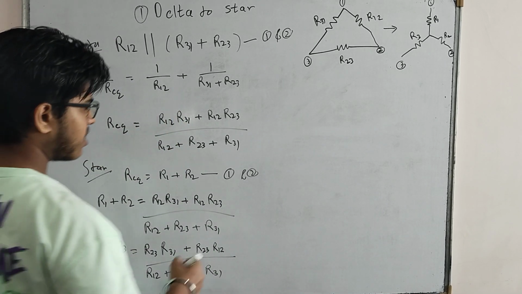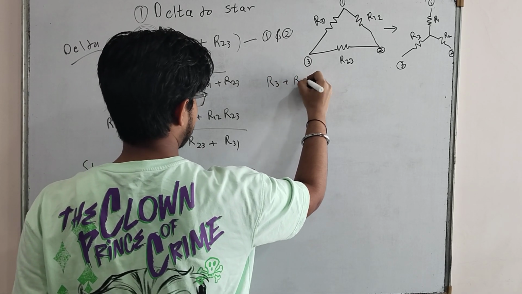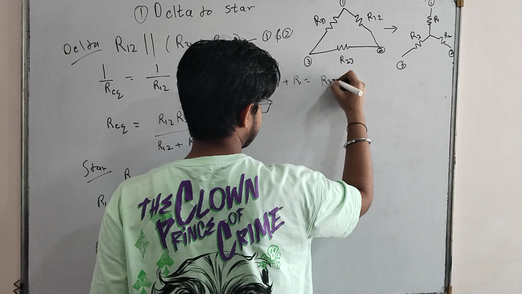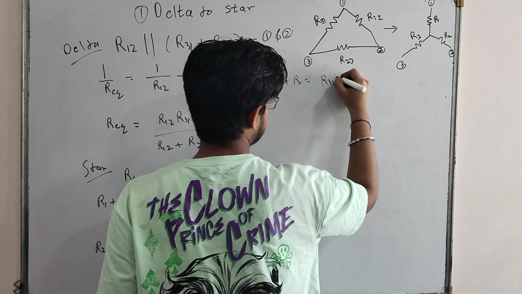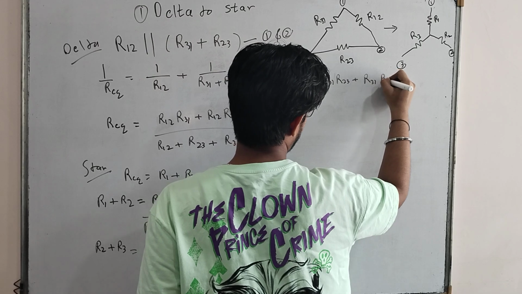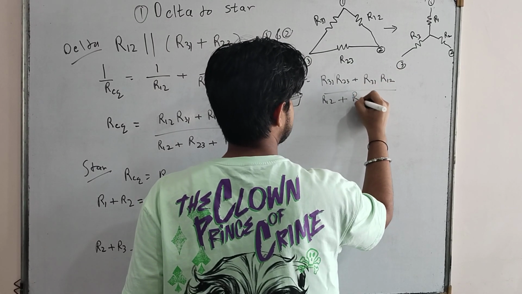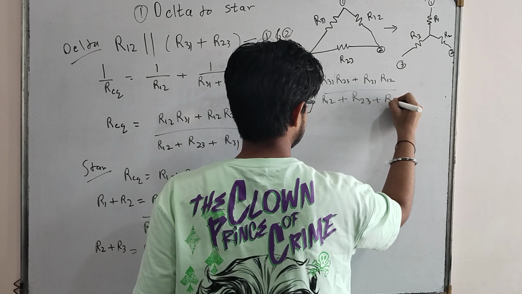And similarly we can also write R3 plus R1 as R31 into R23 plus R31 into R12, whole divided by R12 plus R23 plus R31.